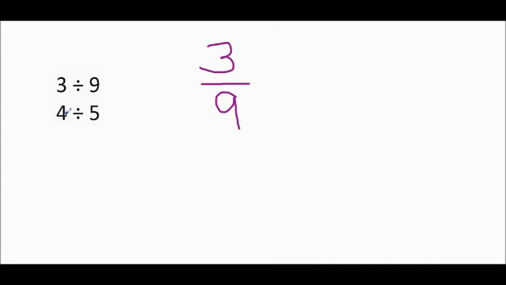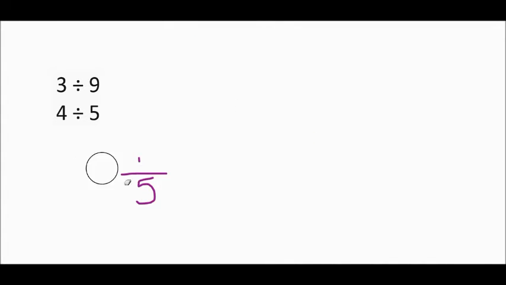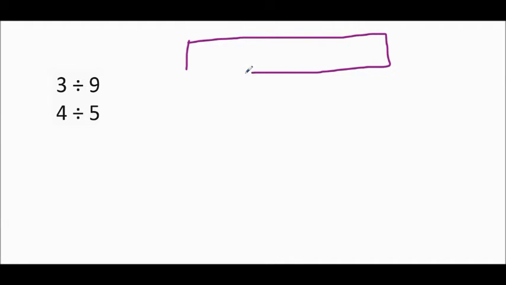Like if I was going to write 4/5 as a fraction, it would look like this. Very simply, if I wanted to get a fraction. But if I wanted to draw it using what's called a tape diagram, I would take my 3/9, and simply draw a box.